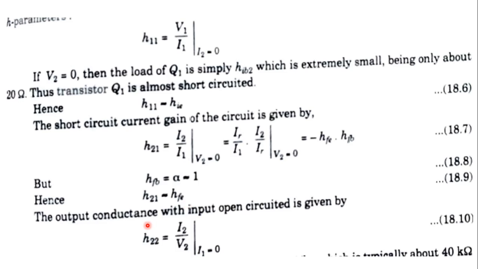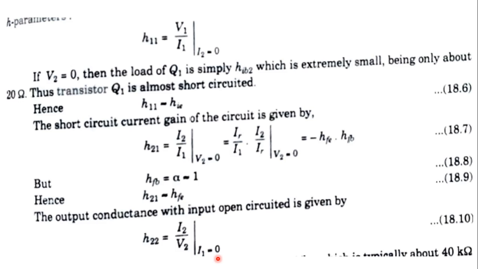Now H22, what was H22? Remember, H22 was the ratio between I2 and V2, that is output current by output voltage. Basically this is output conductance, provided that input current is 0, provided that input terminals are open circuited.